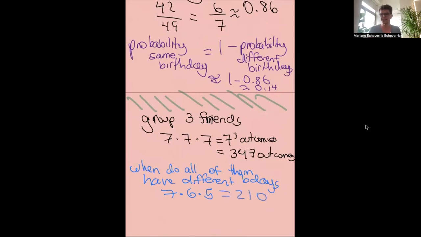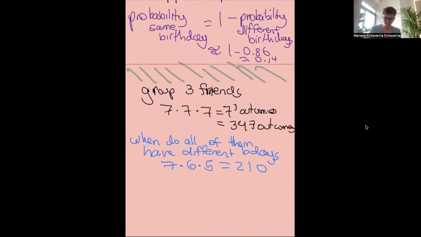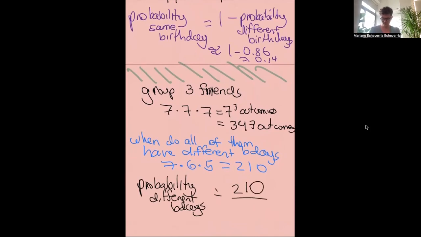So there are 210 cases where they all have different birthdays. One is Monday, the other Tuesday, the other Wednesday, or one is Monday, the other Thursday, the other Friday, all of them landed on different birthdays. So the probability for three friends to have different birthdays is 210 over 343.